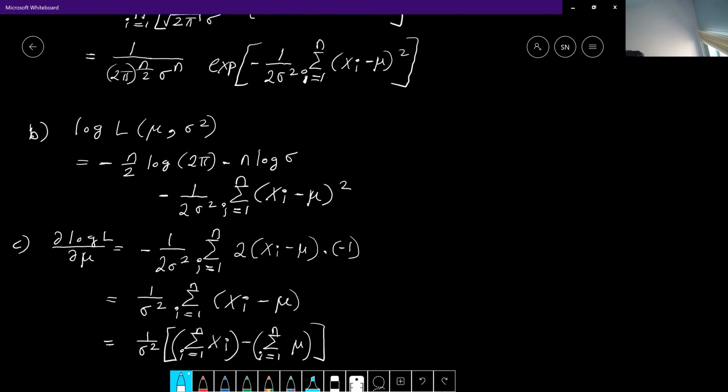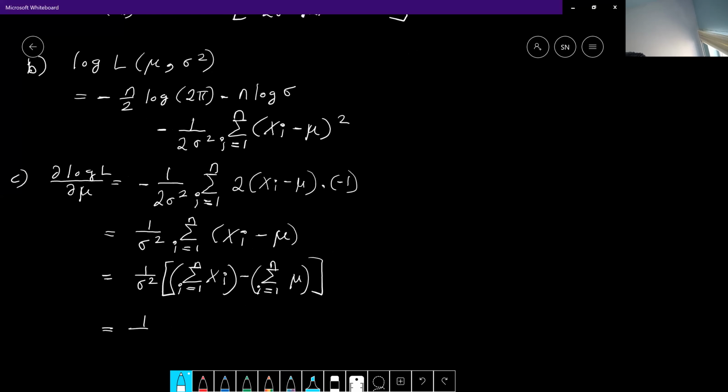And this will become 1 over sigma squared times the sum of xi. The sum of mu is simply n mu, right? Okay, so let's put this equal to 0. Let's call this equation 1.